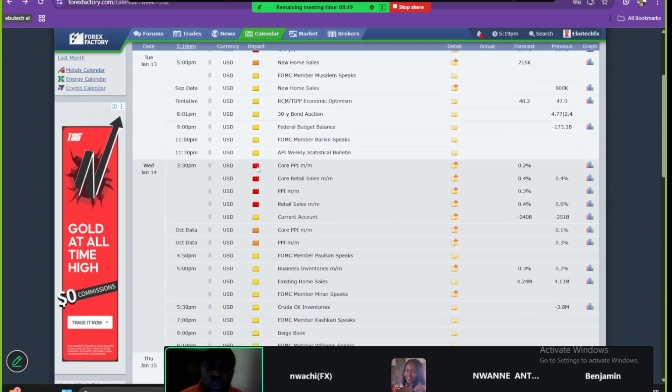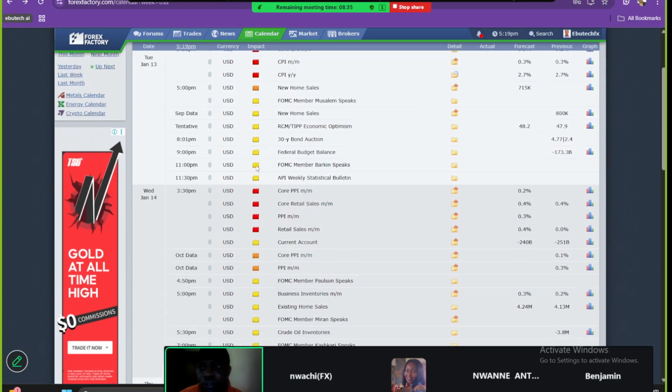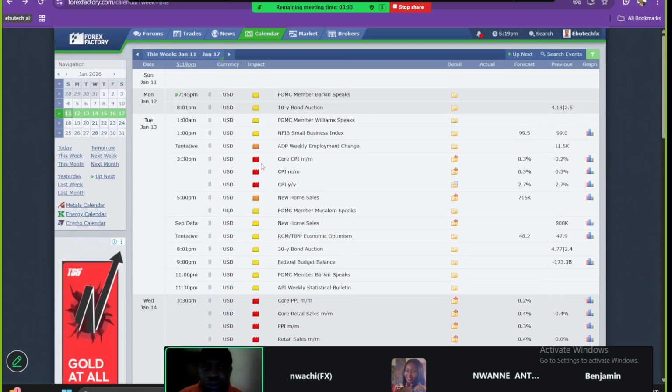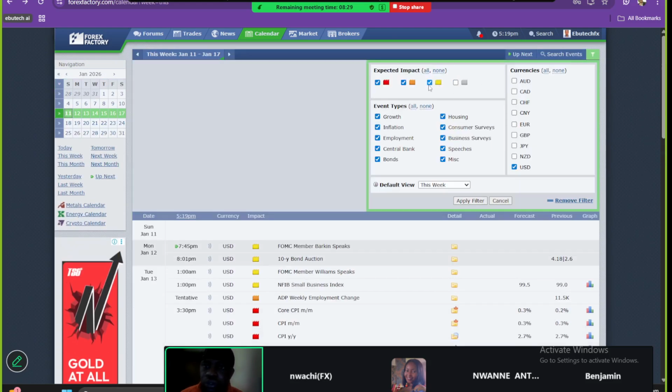It's only strong news that affects US30. That's why it is red. They put red here because it is a strong news. It means that yes, you have to be careful when trading on that particular period of time. Understood.